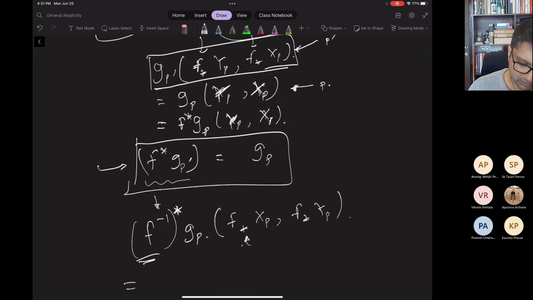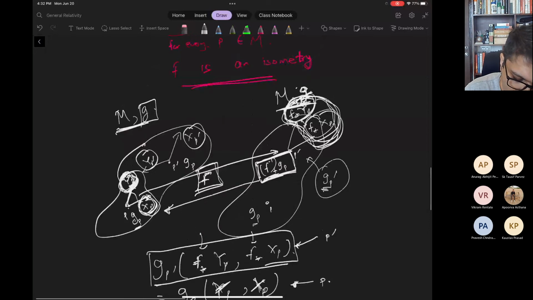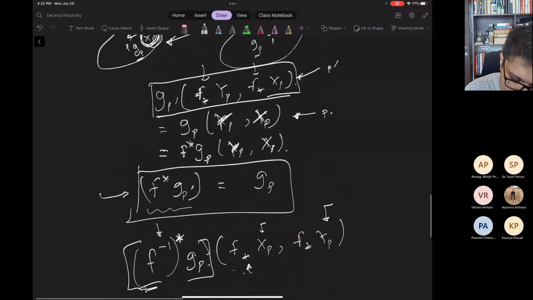Okay, so now what we do is when we apply this F upper star, you can argue that this is equivalent to, instead of pushing forward the vectors xp and yp, let me instead take this metric and pull it back to the metric here, and let me use the original vectors xp and yp and take their inner product.